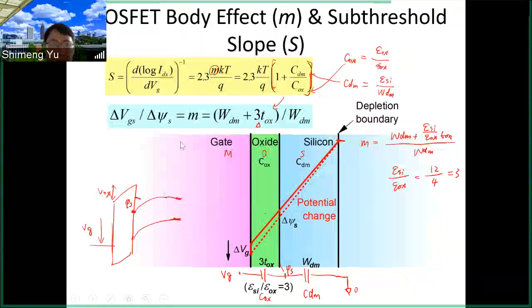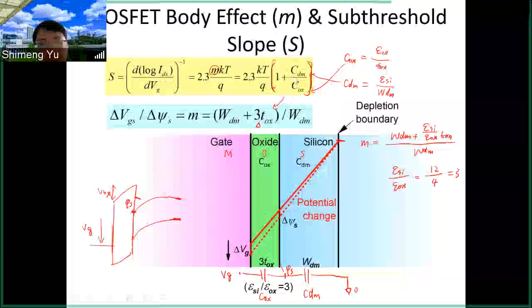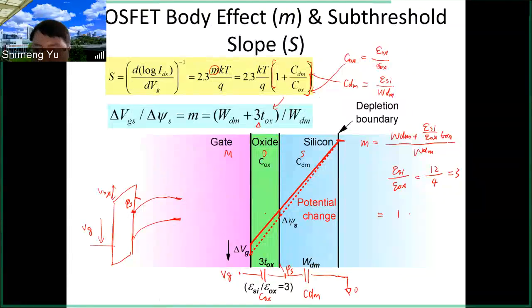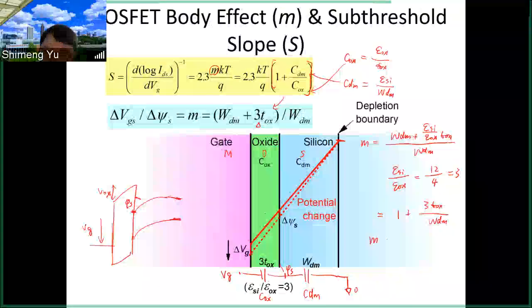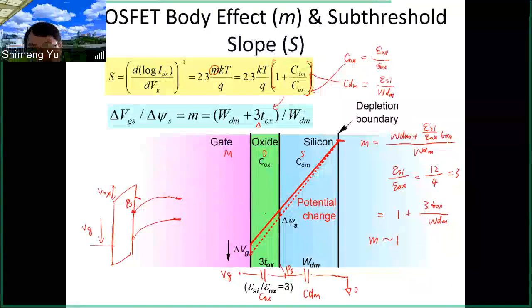So here our goal is to make the S as small as possible. So that means if you want to make this term as small as possible, you look at this one. It is 1 plus 3 TOX over WDM. You want to make M close to 1, so you can get 60 millivolts per decade. So you want this term to be close to 0.